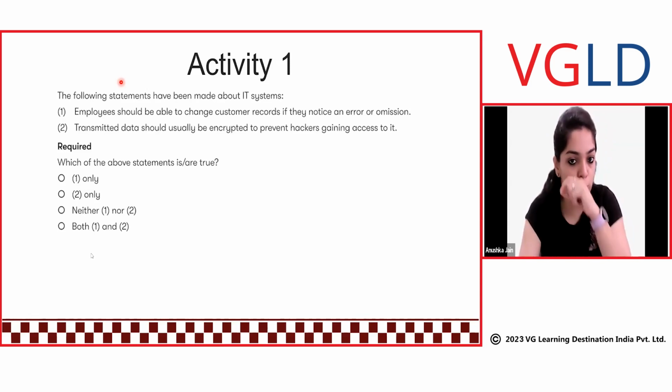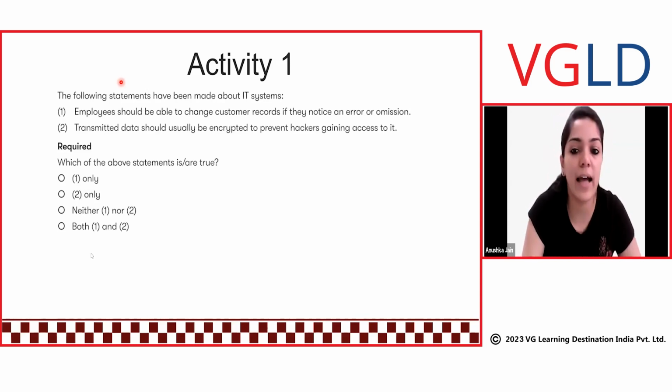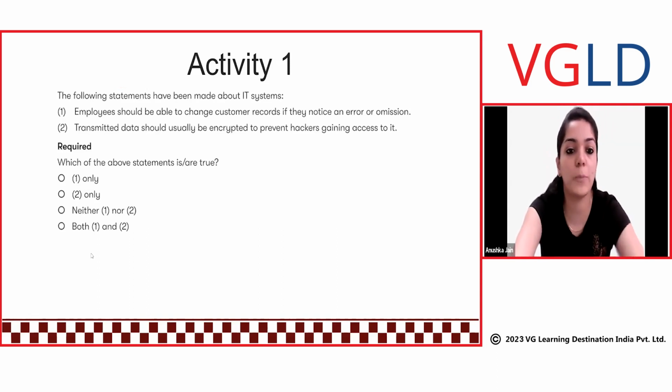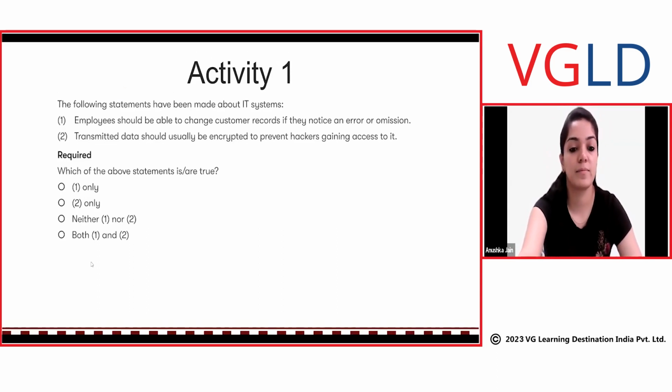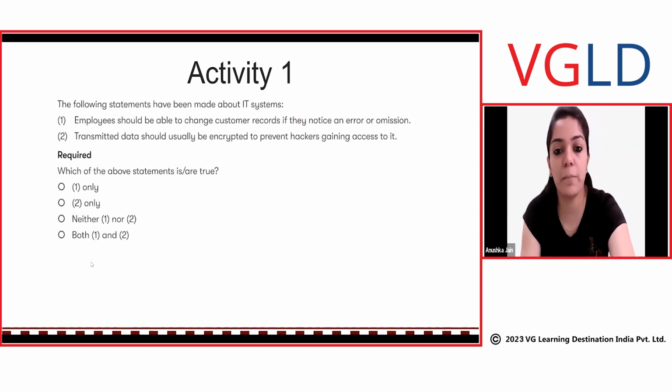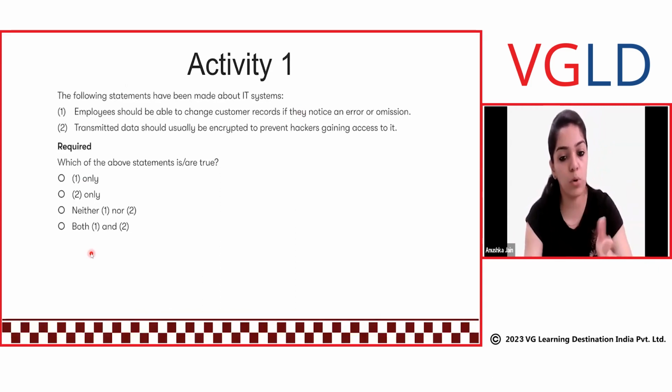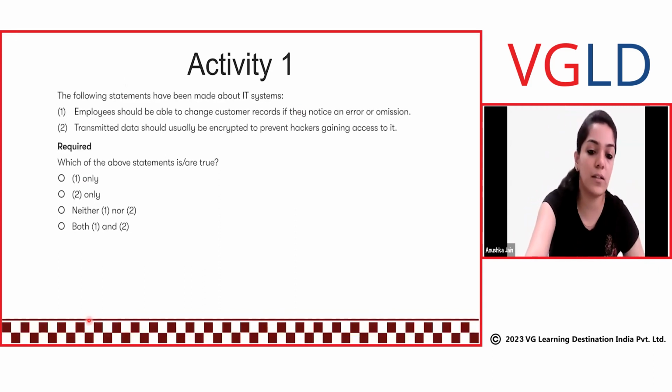Two: transmitted data should usually be encrypted to prevent hackers gaining access to it. Tell me which option would you pick? Which statement is correct? 1, 2, or both 1 and 2, or neither of them are true?